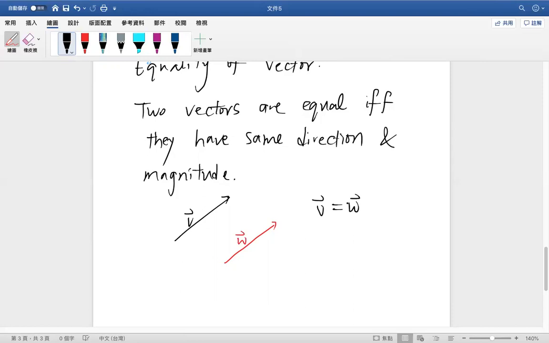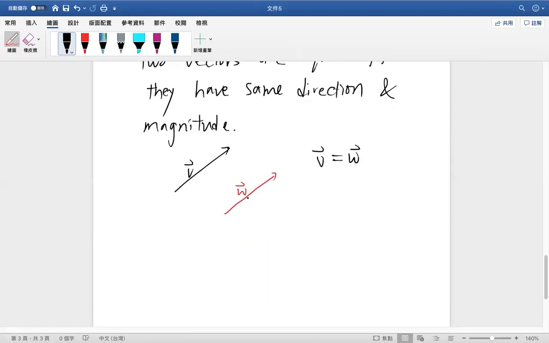Why is it very important? Well, for example, you have a parallelogram here. For a parallelogram, the opposite sides are parallel, right?